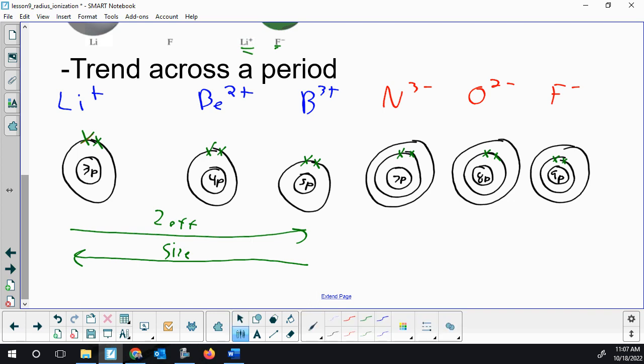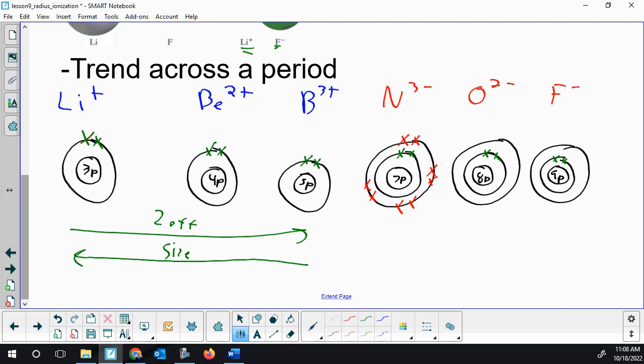All of these have their 1s filled. Nitrogen, in group 5A, would have 5 electrons, but becoming 3 minus, it gets its 6th, its 7th, its 8th. It's got a full outer energy level. So from boron 3 plus to nitride, we got an extra energy level, way bigger.